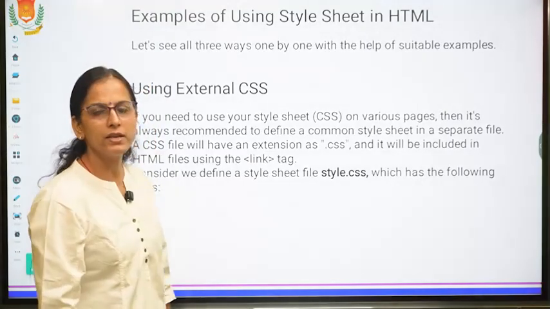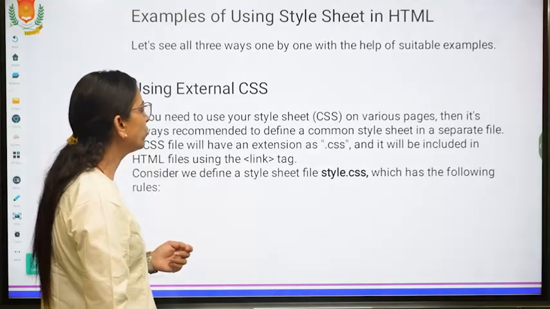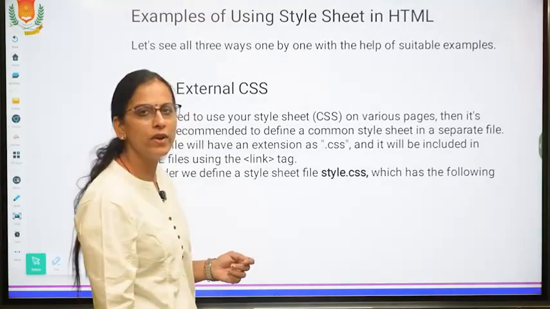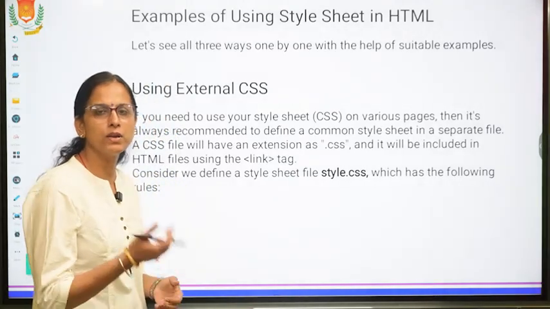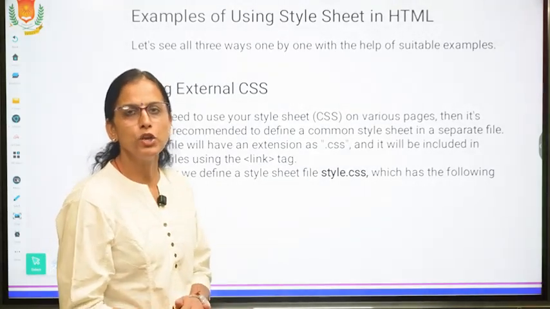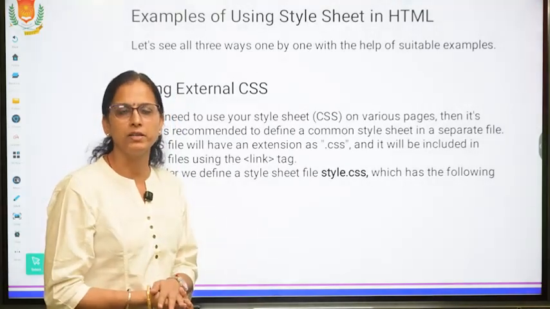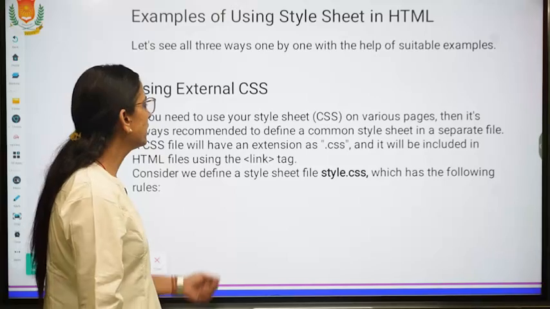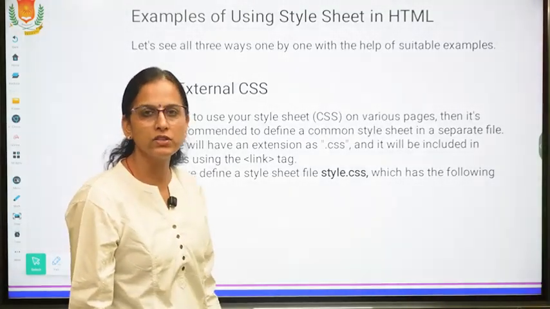What does the external CSS do? External CSS, if you need to use your style sheet on various pages. Suppose we are working on a big project, creating a website, so some set of structure we can define. How can you create the external CSS?